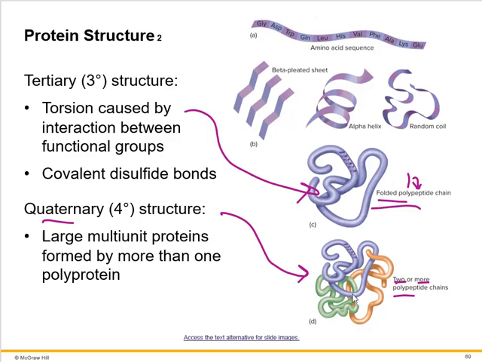When you have more than one, and that's really the only difference. They have, within them, some alpha, some beta, or random coils, maybe some beta sheets in here. And so those combined together make this globular structure that is the tertiary structure of the protein.